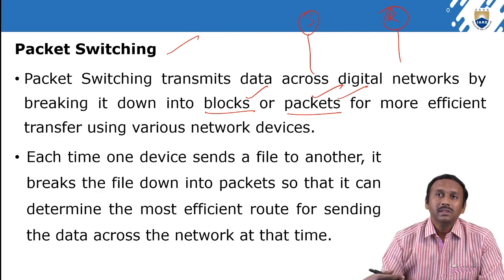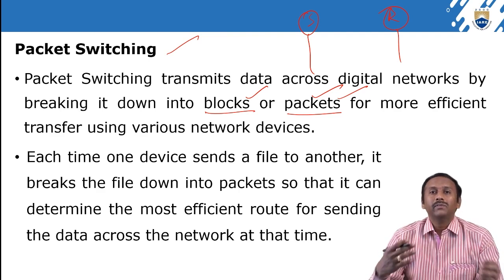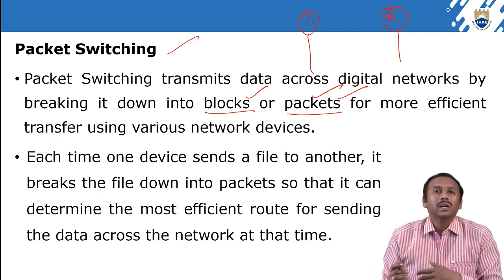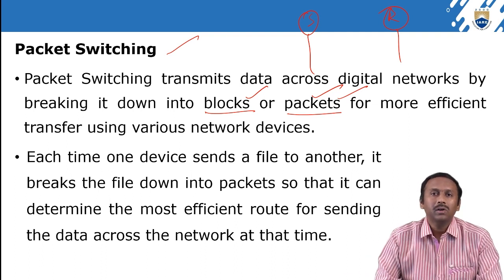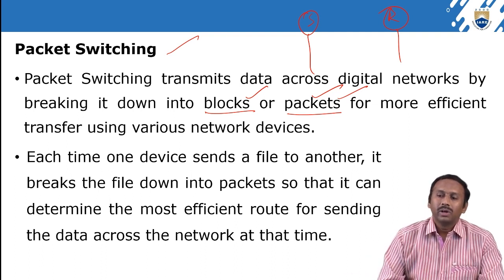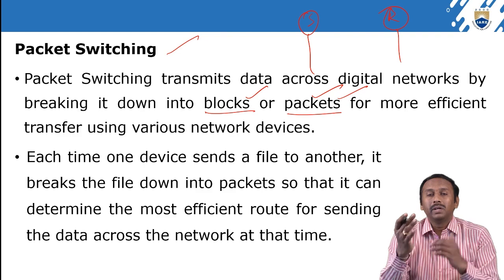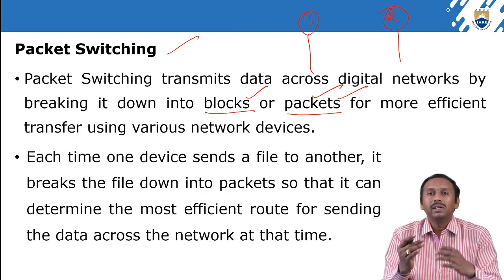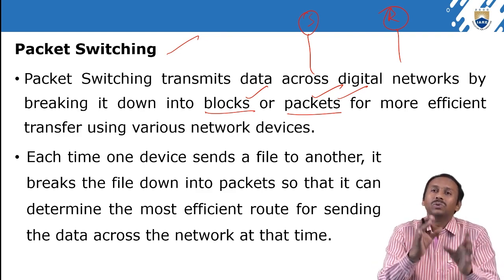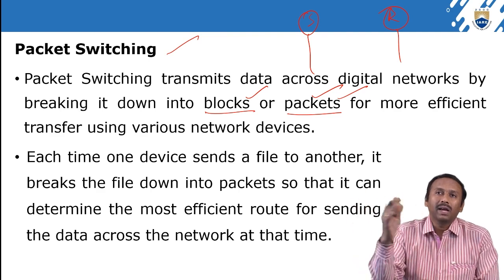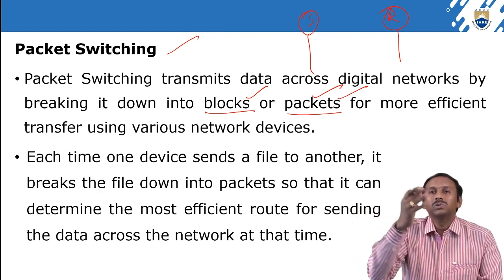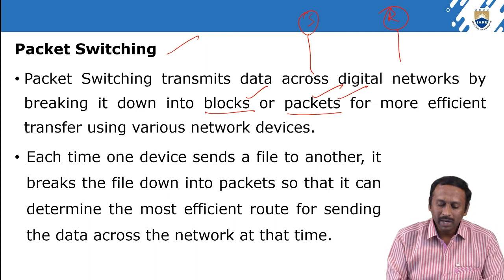But in packet switching, every piece of data is converted into packets or blocks, isn't it? So now those data units are divided into data packets, and those data packets are transferred from the source system to the destination system with the help of packet switching.